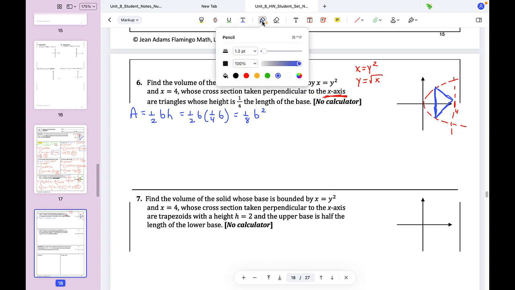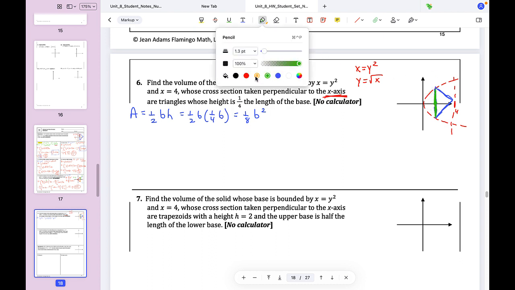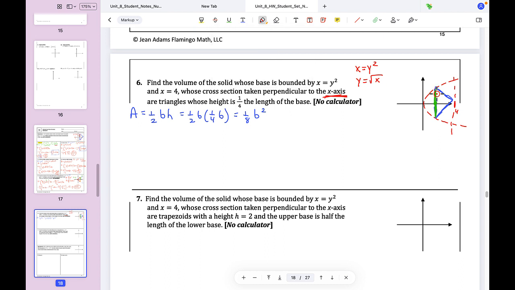And the base, okay, here's the base here. Here's my base. So again, I'm looking at from here to here is y, right? So my base is 2y, okay?